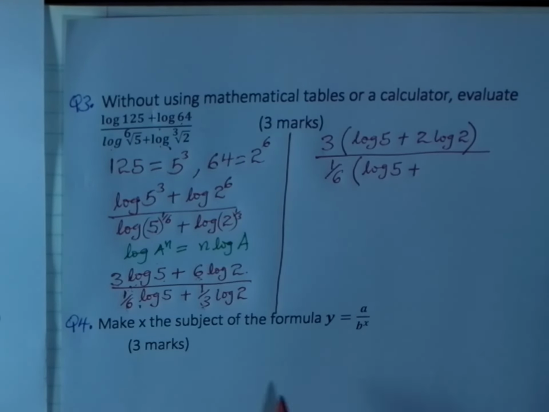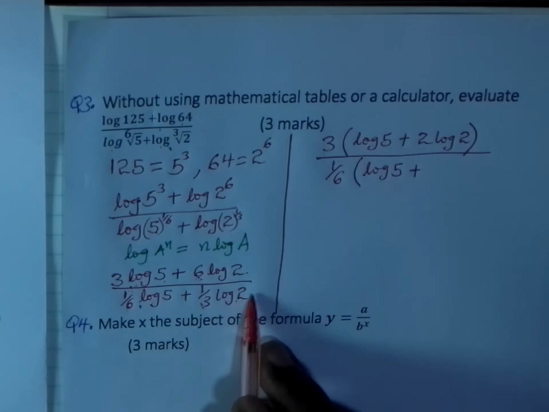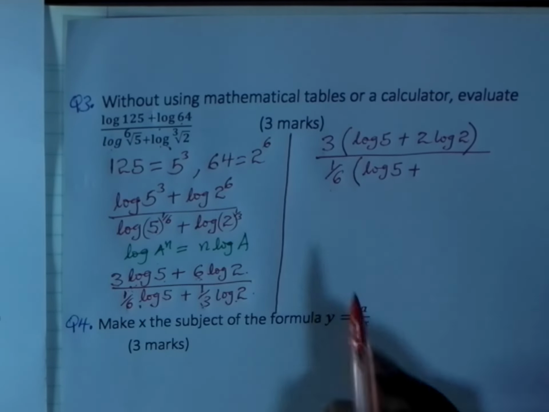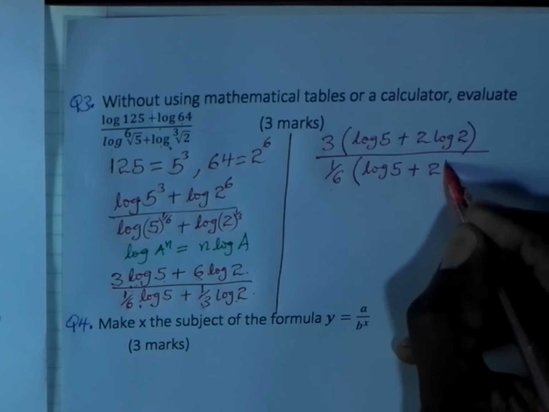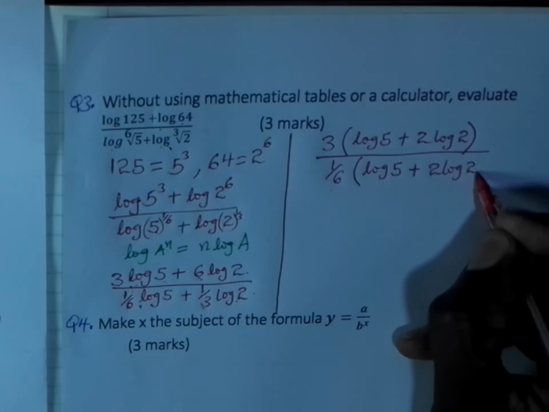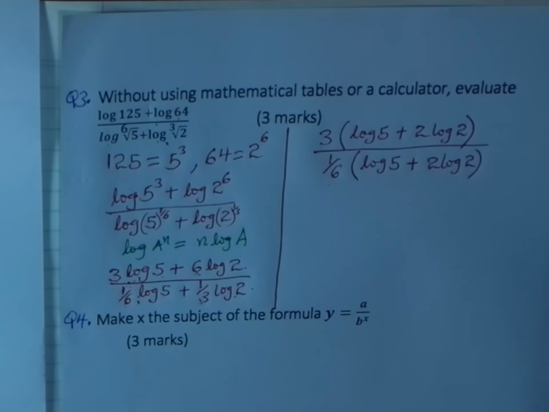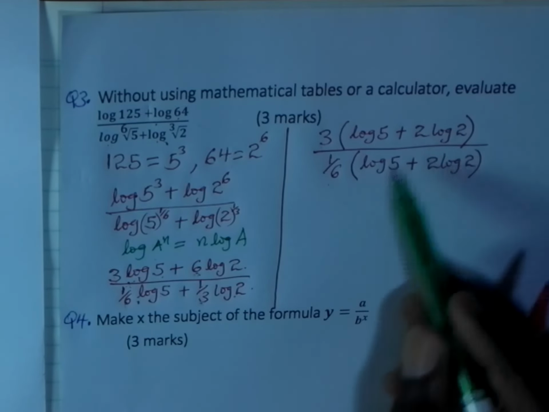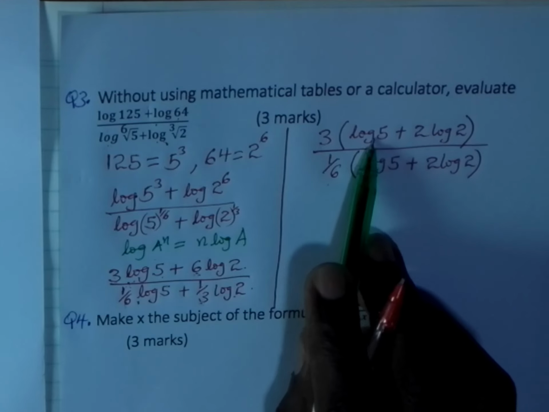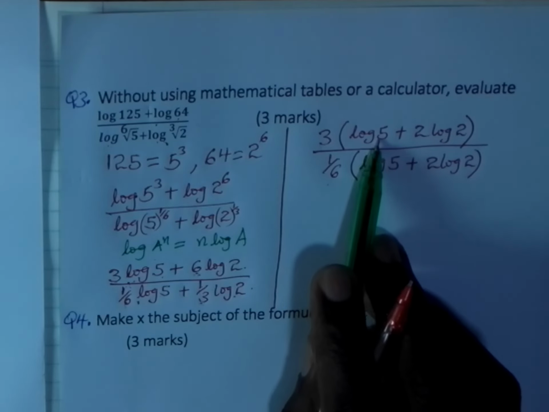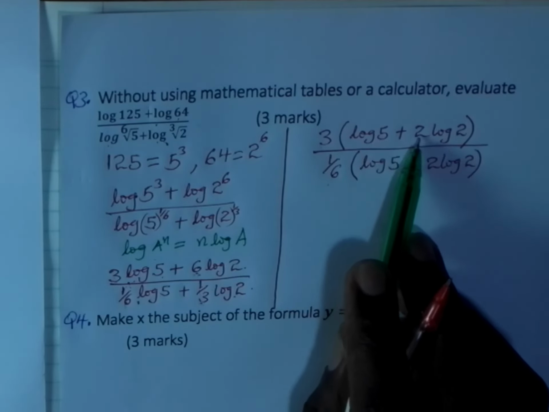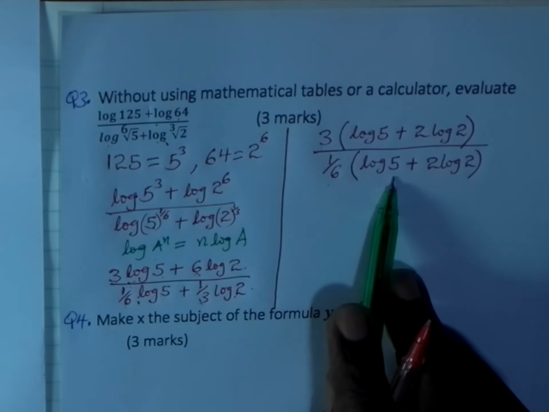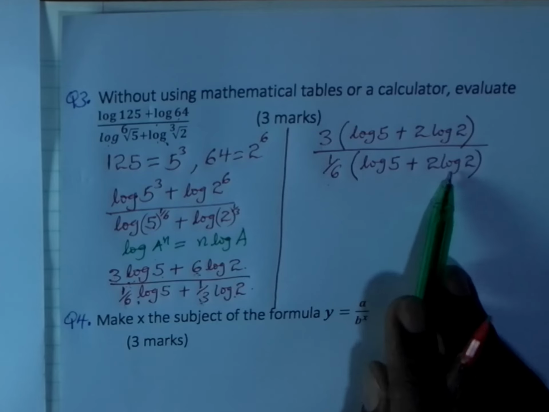Then plus a third log 2 divided by a sixth, we get 2 log 2. Close the bracket. So, if you look keenly at this, we can see that the numerator part, in the bracket, has log 5 plus 2 log 2, and also in the denominator we have log 5 plus 2 log 2.